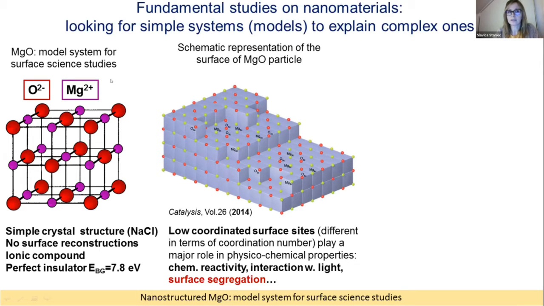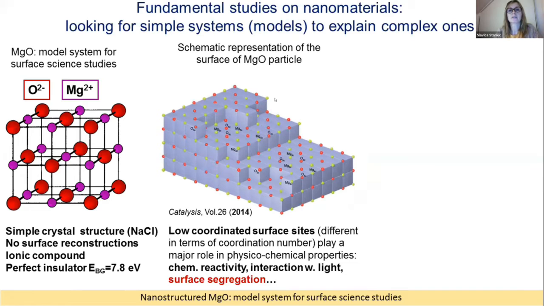We are using simple metal oxides such as magnesium oxide as model systems to perform different types of surface reactions. Magnesium oxide has a very simple crystal structure, a rock salt, and it is a purely ionic compound and an insulating material.